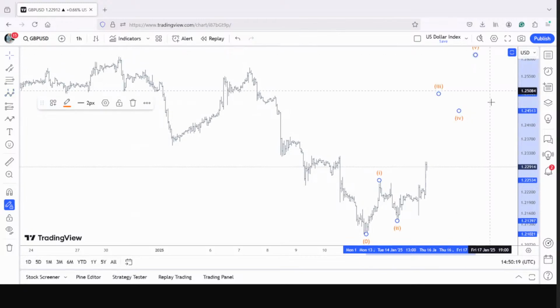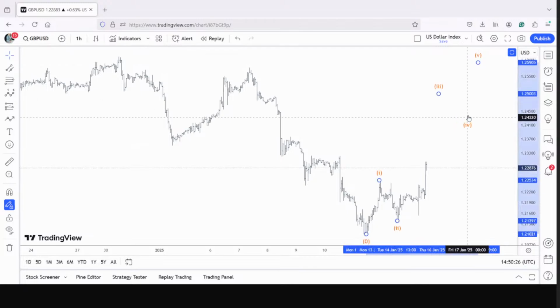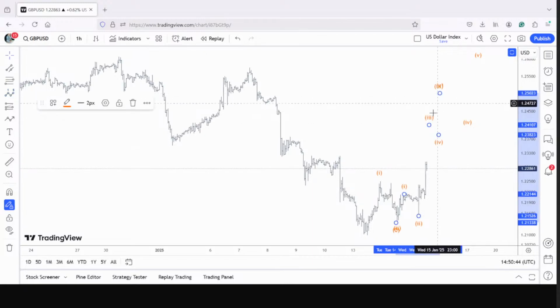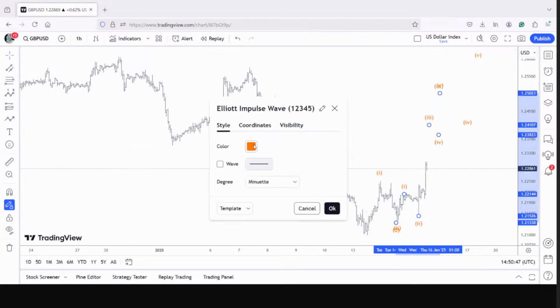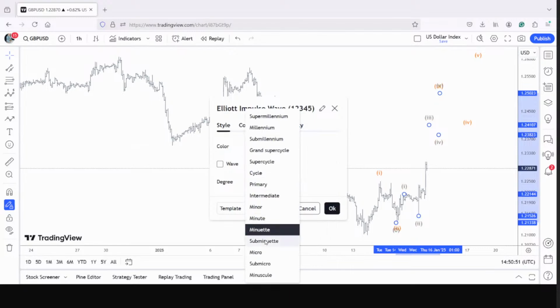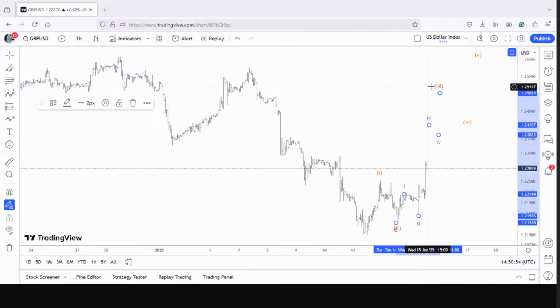This looks a neat little poised impulse wave which pound is expected to take. And the third wave is extending. That means, just in case you want to know, there could be a sub-minute 1, maybe sub-minute 2, and sub-minute 3, 4, and 5. And we change the degree here from minute to sub-minute. That's it.